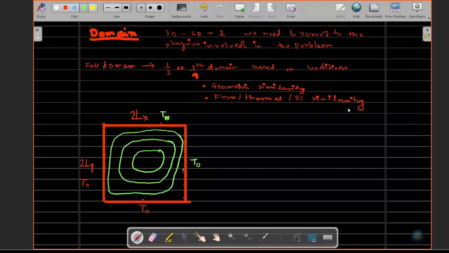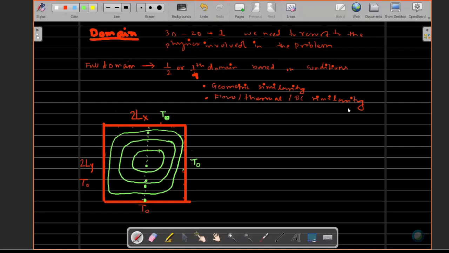And now if you take a mirror, if you convert it into one-fourth, for example, or say one-half, you will see the mirror image. Suppose this is a mirror plane, the dotted line. Then you see it is the exact mirror image on the other side.